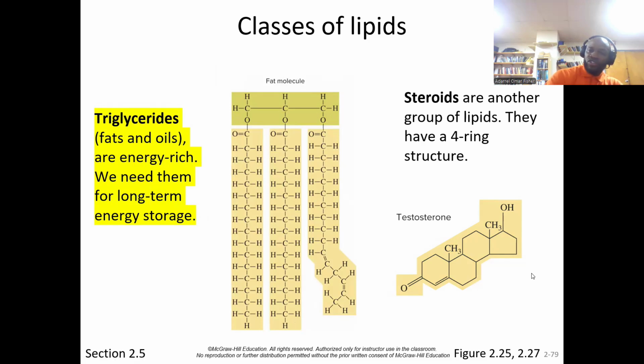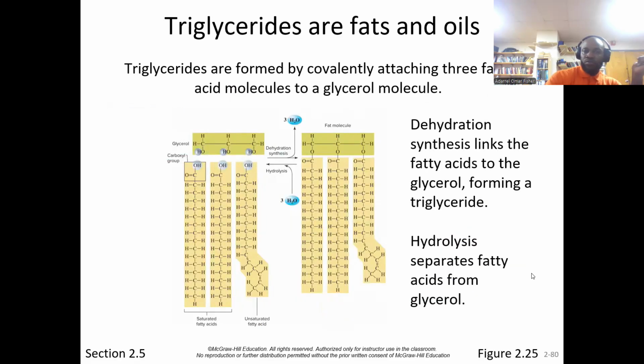You have steroids, which have a four-ring structure like testosterone. That's considered in the class of lipids, so different structures. Triglycerides are formed by covalently attaching fatty acid molecules to a glycerol, by dehydration synthesis. If you wanted to break it apart, hydrolysis separates the fatty acid from the glycerol. Like I said, you need water to be able to burn fat.